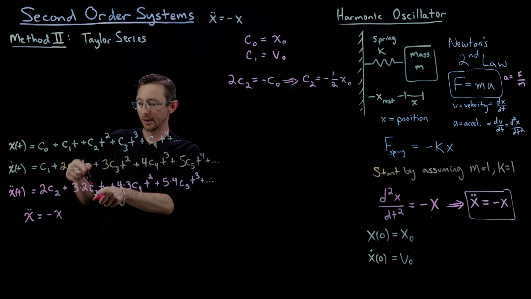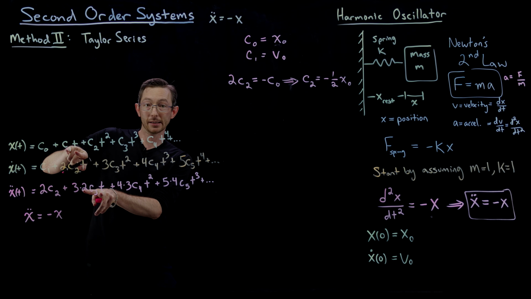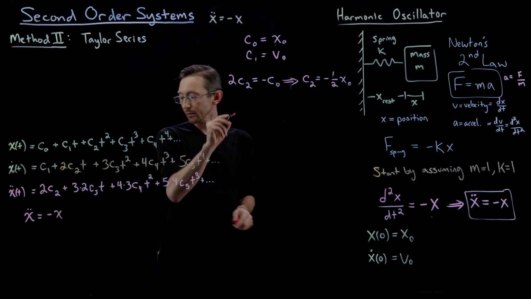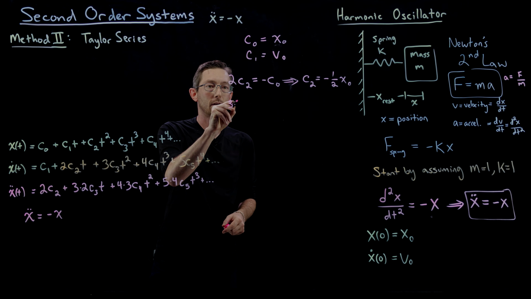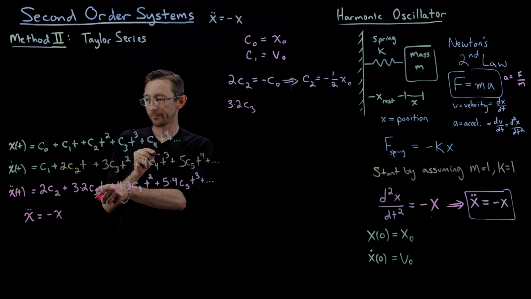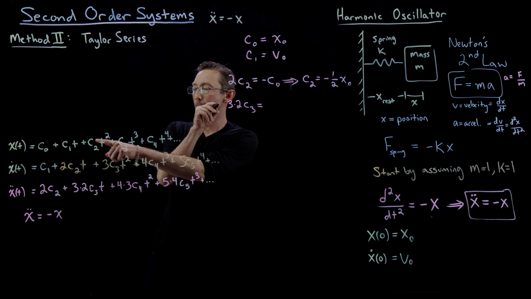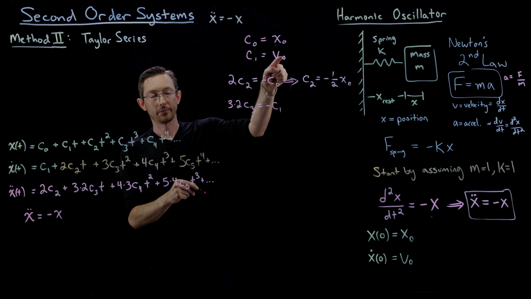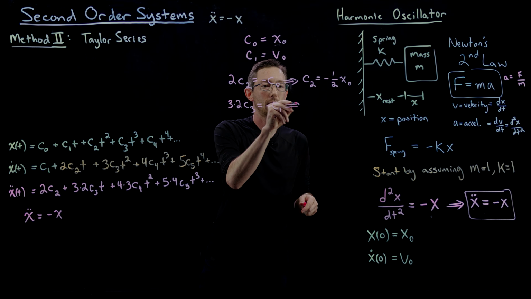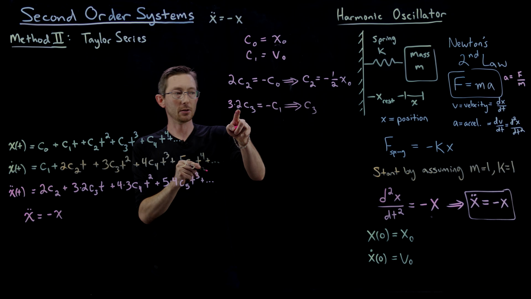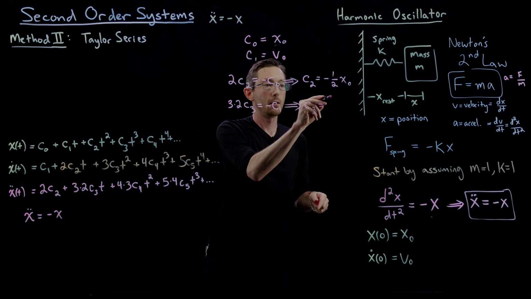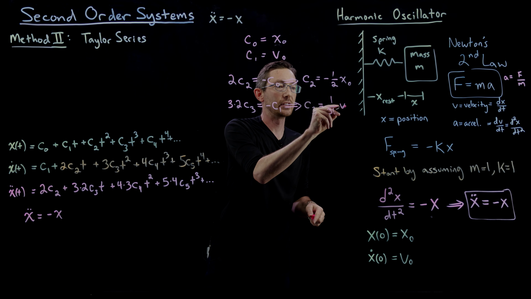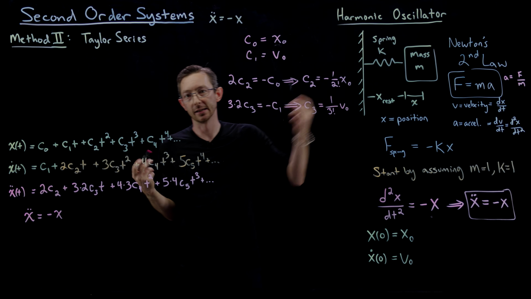Similarly, I get my c3, this term has to equal minus this term, so I get 3 times 2 C3 equals minus C1. And again, C1 is V0. And so C3 equals minus 1 over 3 times 2, which I'm going to write as 3 factorial, times V0. And 2 factorial is equal to 2.